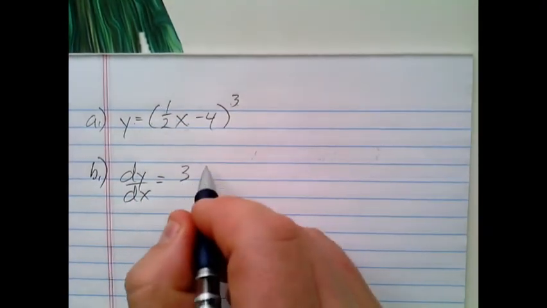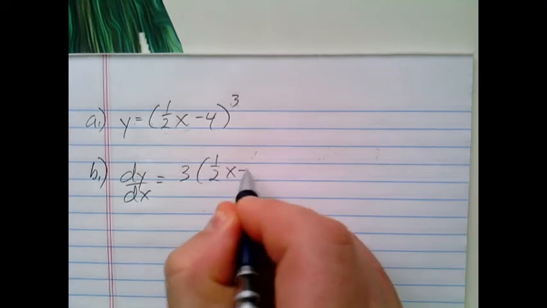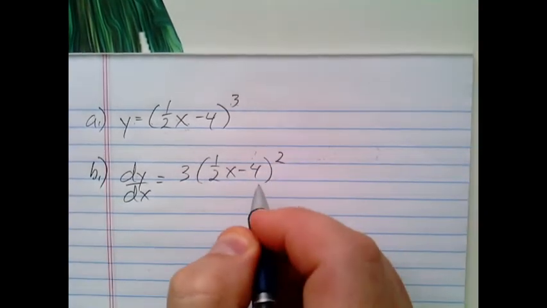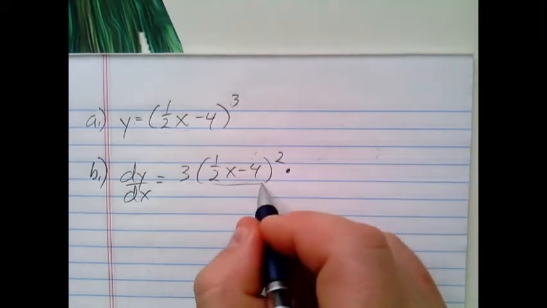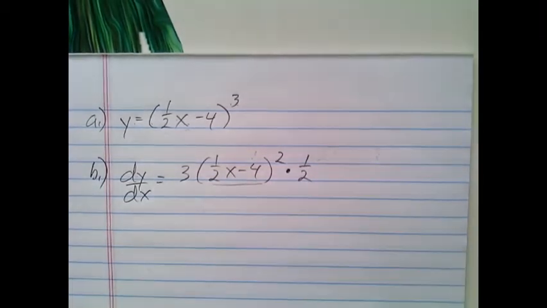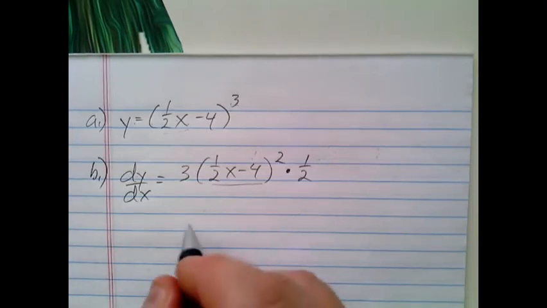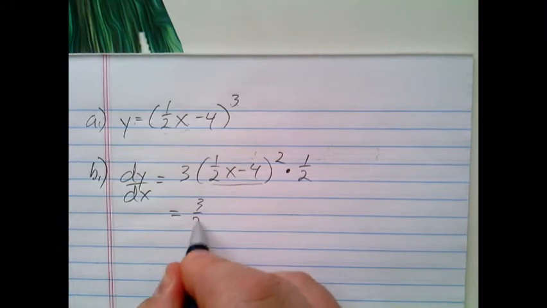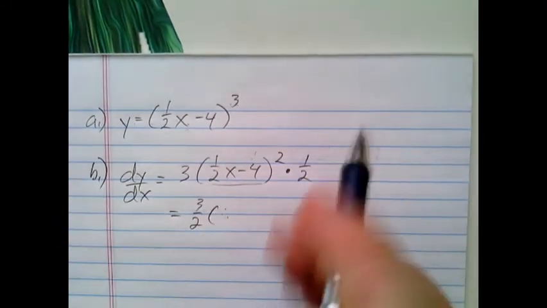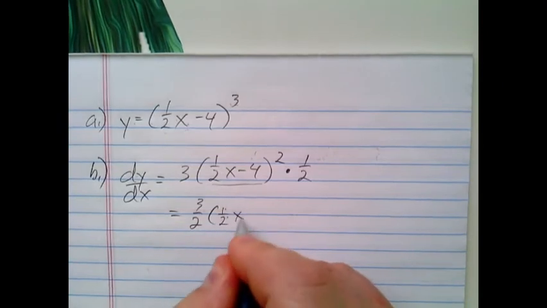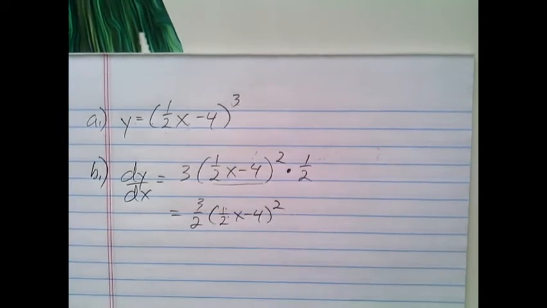So bring down the 3, leave the inside alone, knock 1 off the power, but also multiply by the derivative of the inside. Okay, so if I clean that up a little bit, my derivative would be 3 halves times (1/2 x minus 4) squared. Alright, let's put that in Desmos.